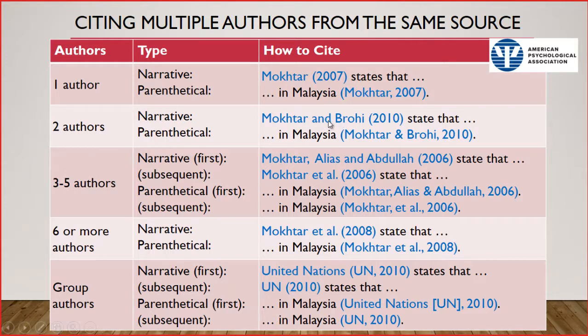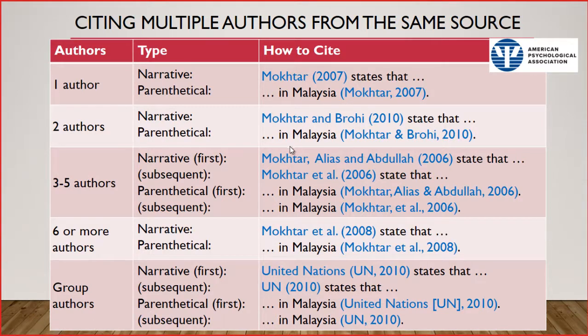You cannot use ampersand. Mohta and Brohi, let's say 2010, state that. See, state, because this is two persons, this is plural. So it cannot be states. It's state because in English, this is considered plural.